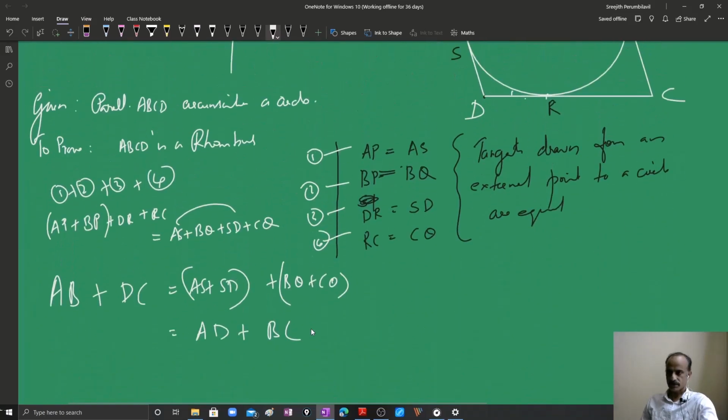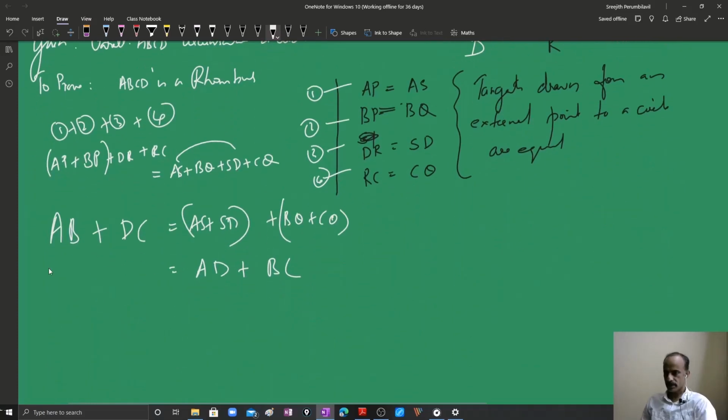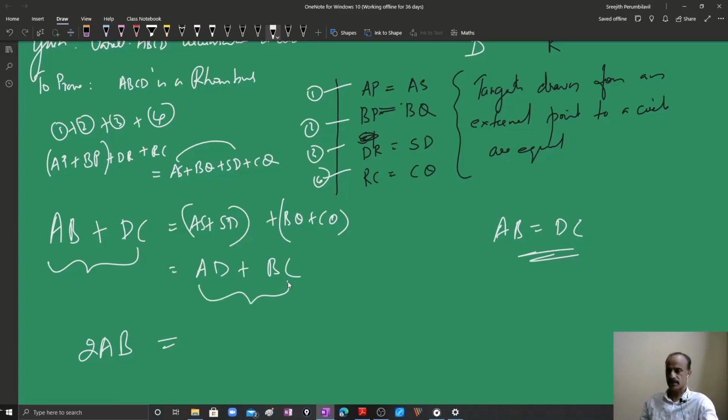But AB and DC, what do you know? It is given that ABCD is a parallelogram. AB is equal to DC, opposite sides are equal, that means 2 times AB is equal to AD plus BC.